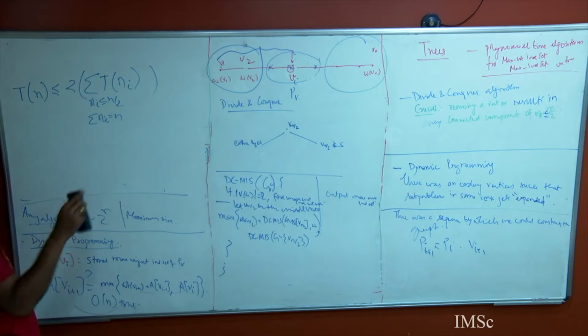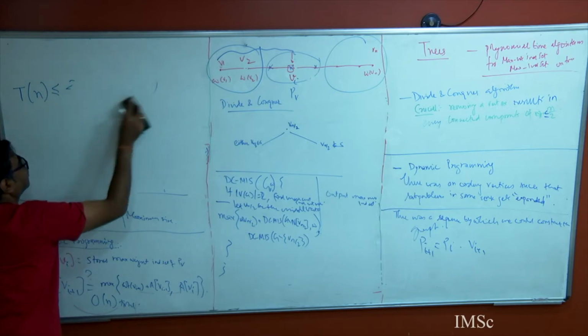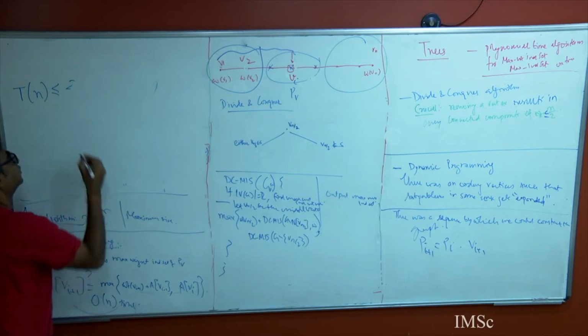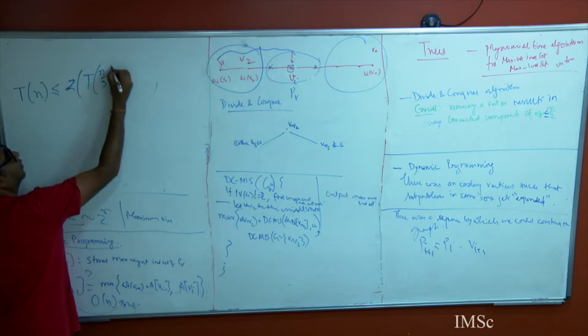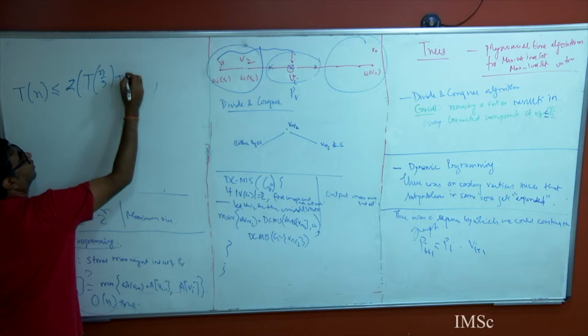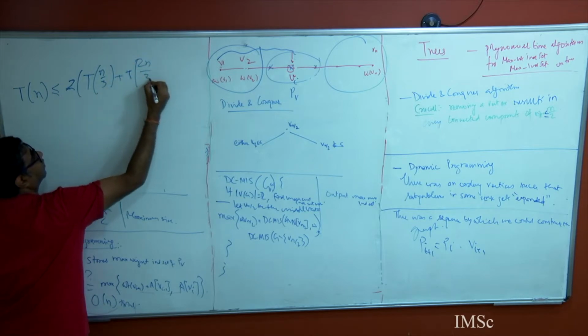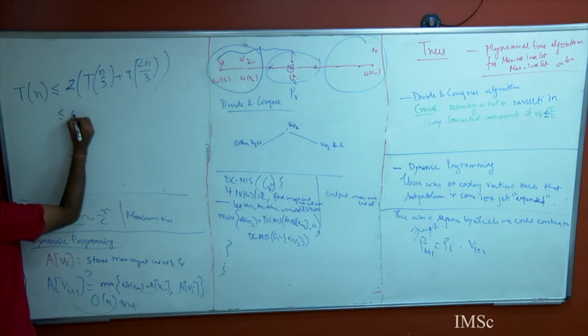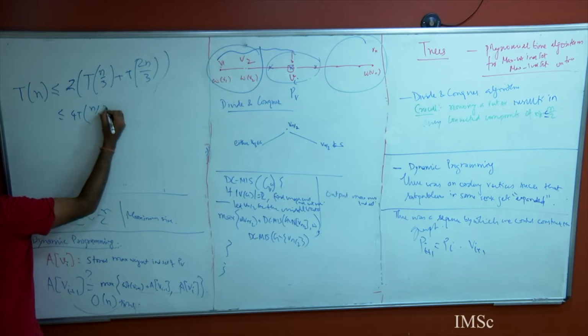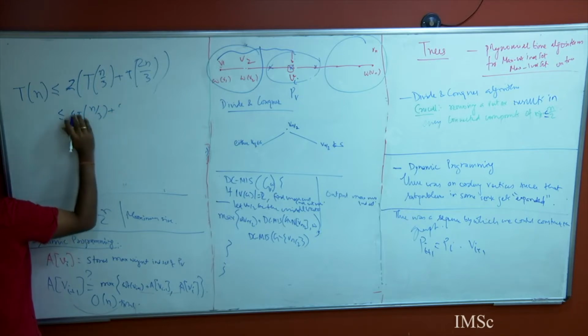Okay. This looks harder. If I wrote this, is this polynomial? Yes, no, maybe, could be. So this is basically 4 times T of n over 3. Sorry, what am I writing?